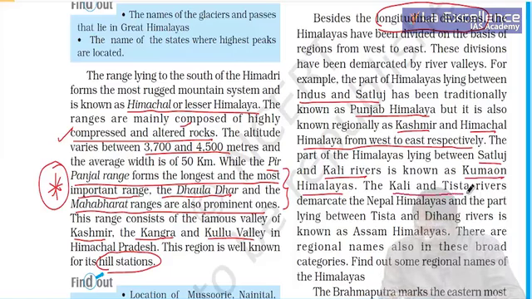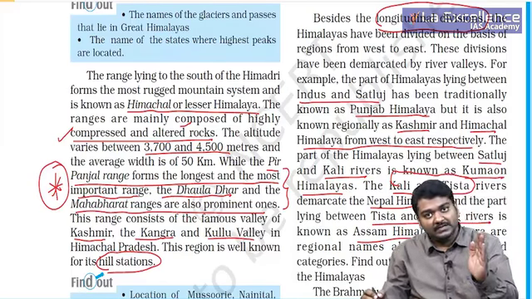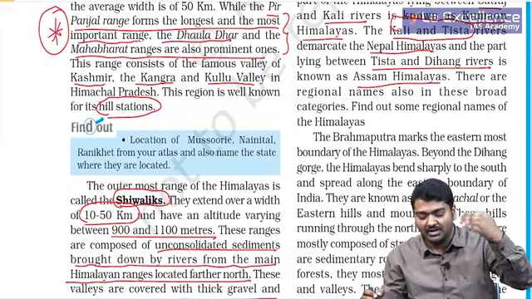Between the Kali and Teesta is called the Nepal Himalayas. The boundary between Uttarakhand, Nepal and Sikkim is the Kali and Teesta, but these have fluctuated. Between the Teesta and Dihang rivers is known as the Assam Himalayas. So this is very, very important. They may give you a match the following, that is, in between these two rivers, which Himalayan mountain ranges are present.